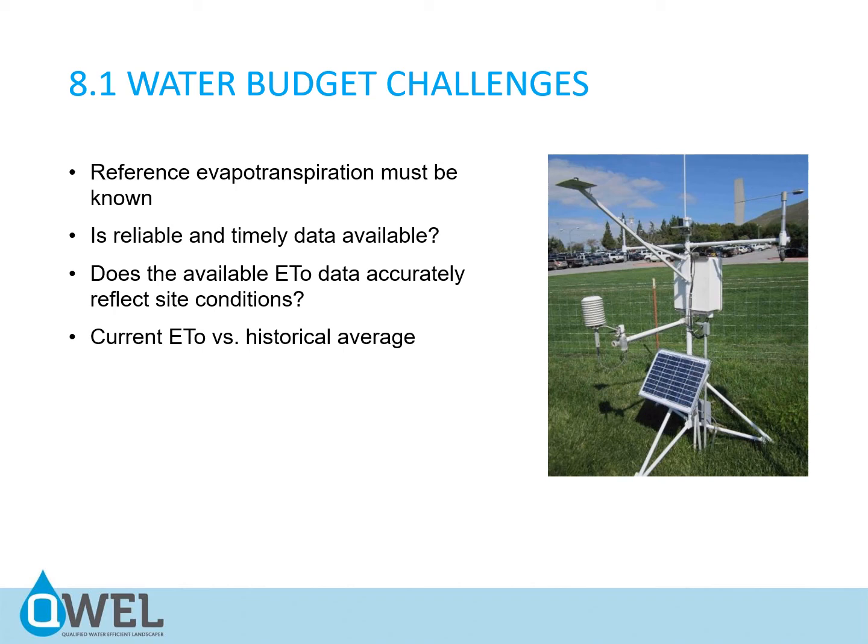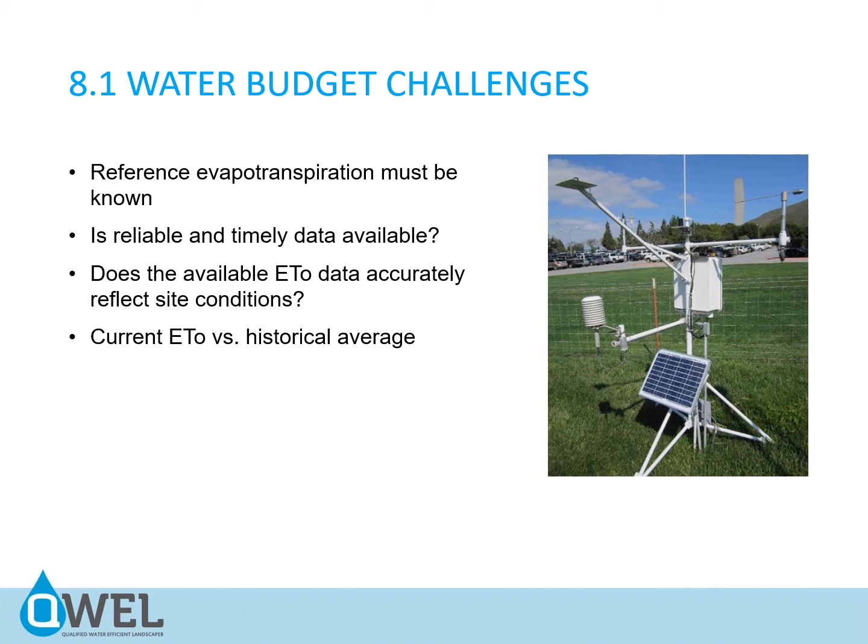As far as site conditions, it's more of a microclimate situation. Is it windy? Is it extremely sunny? Is it extremely shady? Is it on a slope? There are different things that you have to keep in mind. Even if you do have accurate ETO data, is that data representative of your specific site?